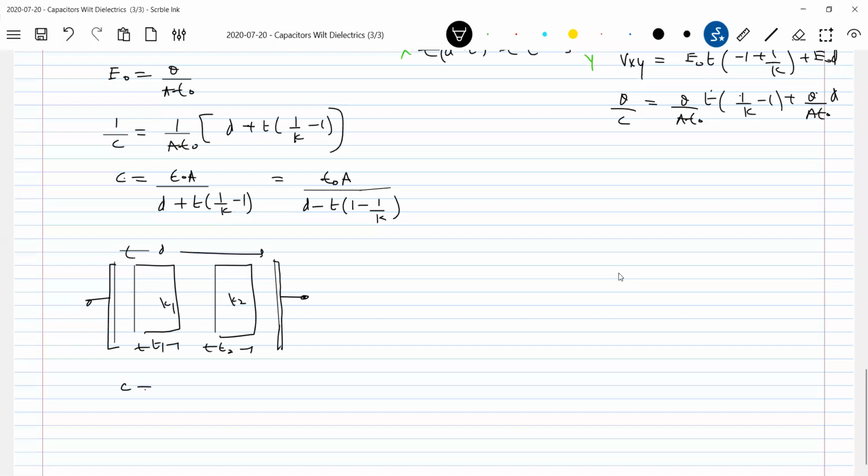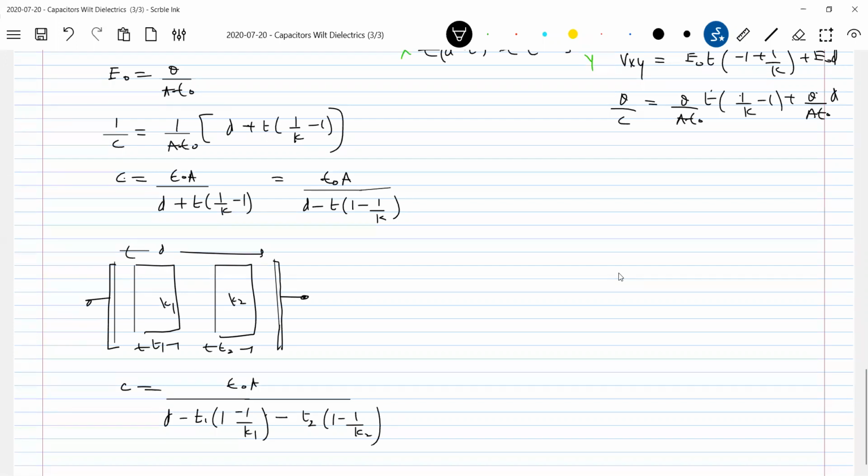So the formula will be C equal to epsilon naught A by D minus T1 and so on. So you can generalize this particular formula for n number of slabs. Okay, got this, there's a generalized formula.